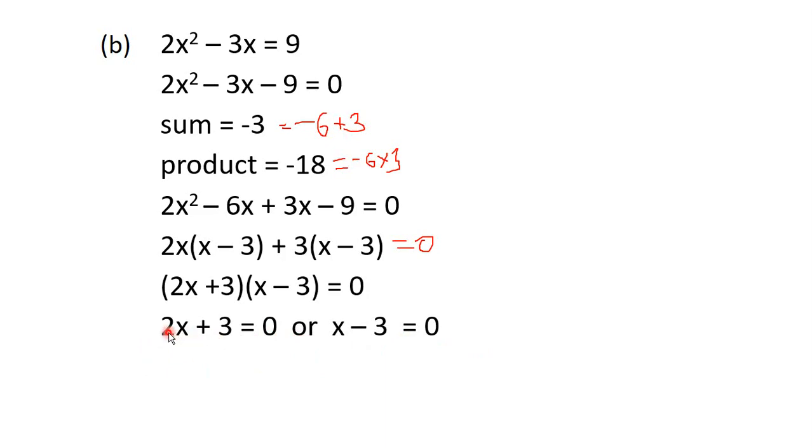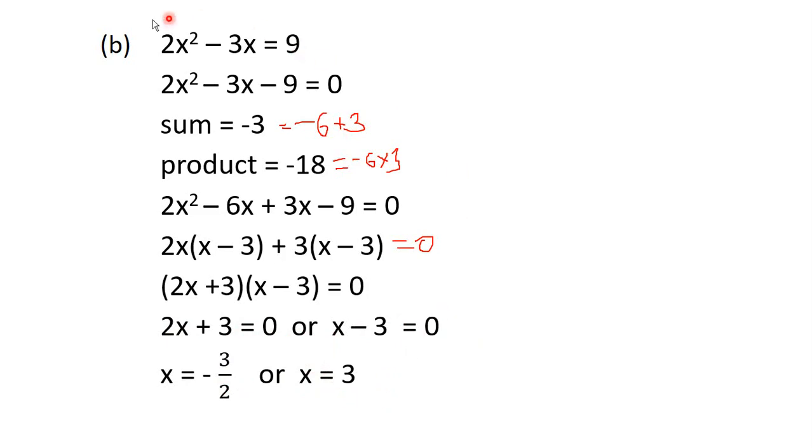Now let us see. If 2x plus 3 is equal to 0, it implies that 2x is equal to negative 3, and so x is equal to negative 3 over 2. And if x minus 3 is equal to 0, it implies that x is equal to 3.